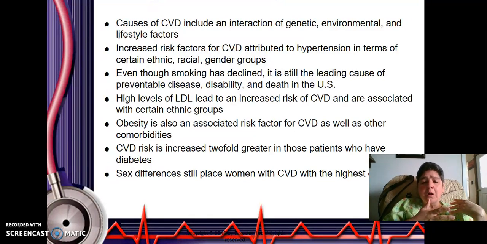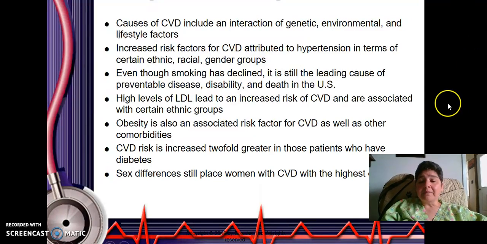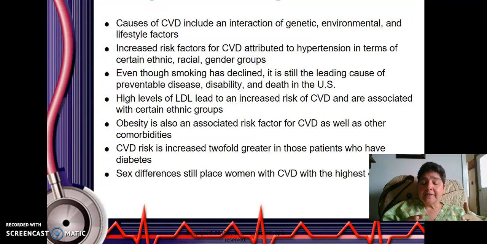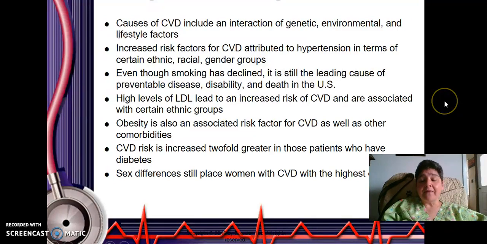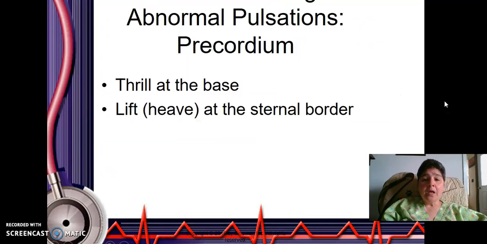It may be more mild, it may be sustained over a longer period of time, but the signs are not as prominent as they are for men. So sometimes the increased death rate of women may be attributed to them not realizing that they are having issues with their heart.